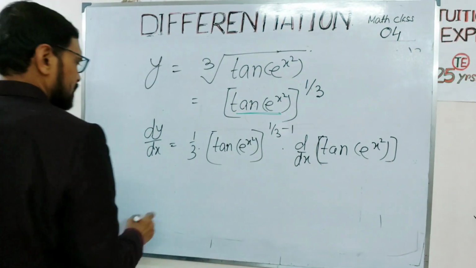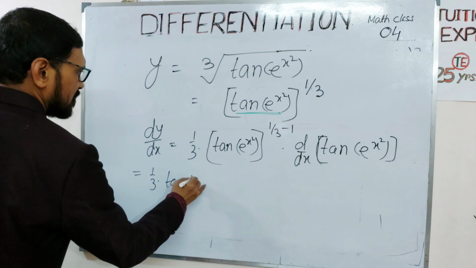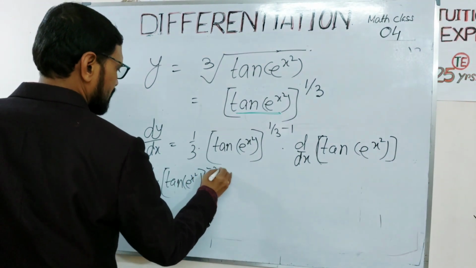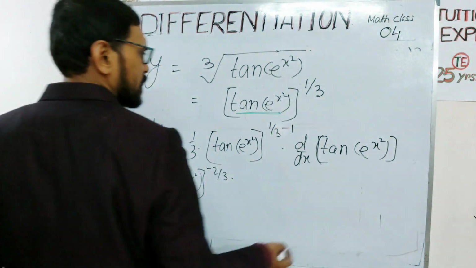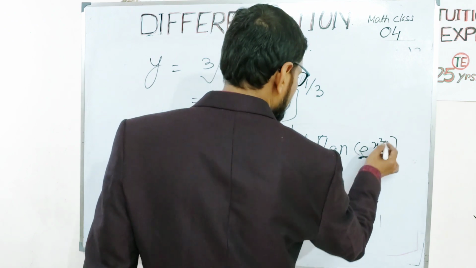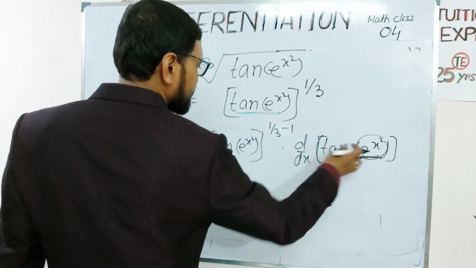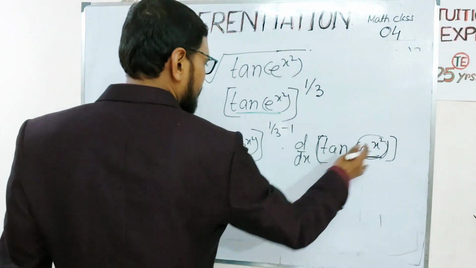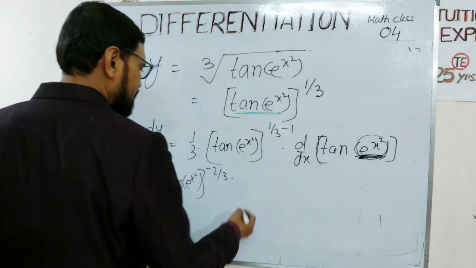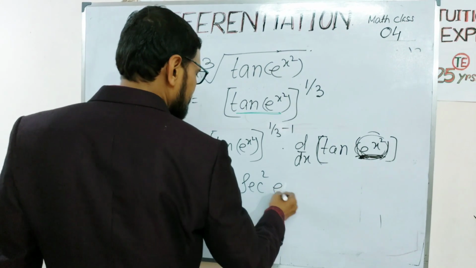Now to differentiate this function, you have to take this as x, because we know the formula, the derivative of tan x. So you take this term as x, the derivative of tan x is sec square x.